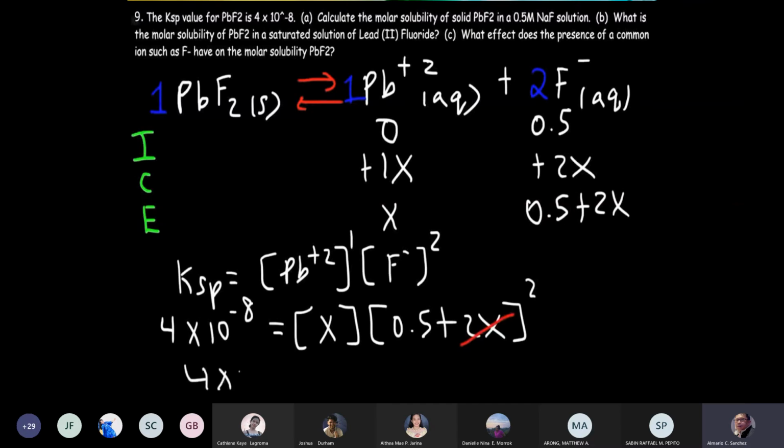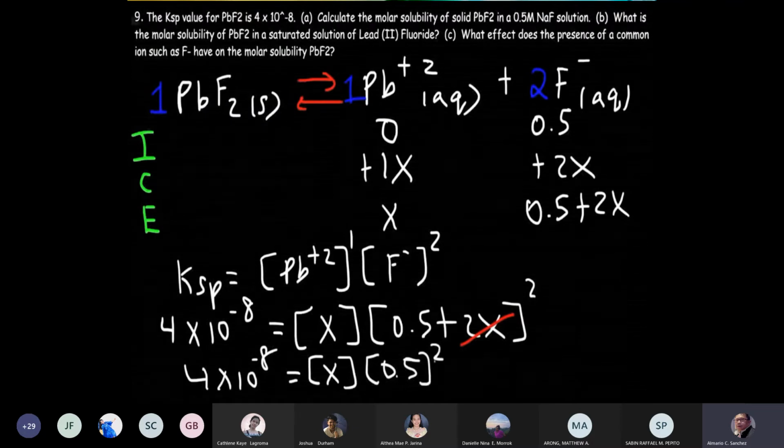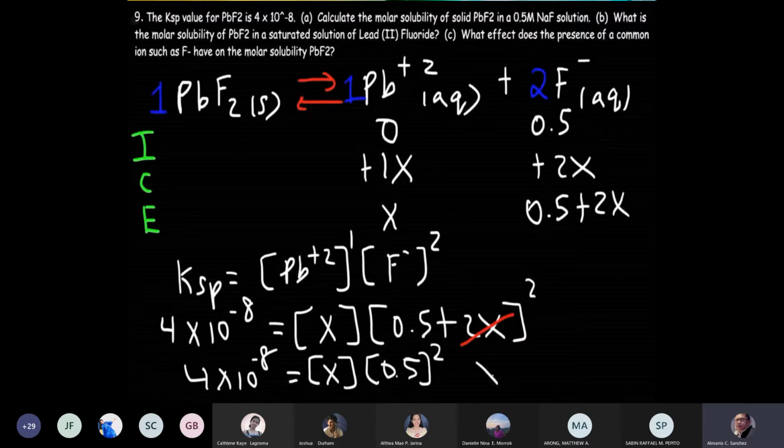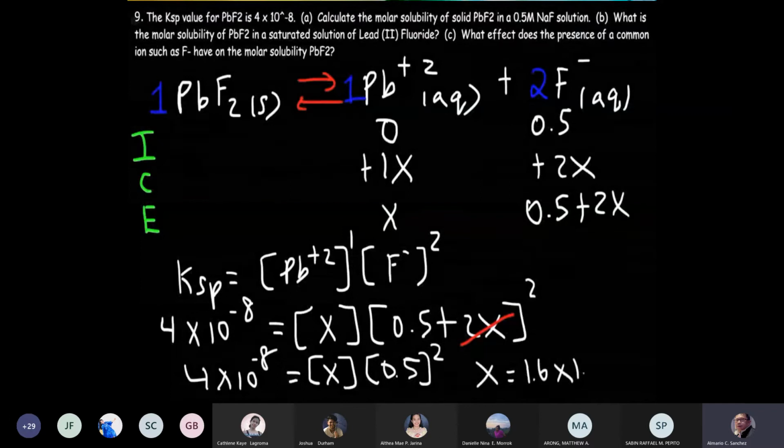So now we have this expression, 4 times 10 to the negative 8 is equal to x multiplied by 0.5 squared. So to calculate the value of x, it's simply the KSP value, 4 times 10 to the negative 8, divided by 0.5 squared. And so x is equal to 1.6 times 10 to the minus 7.